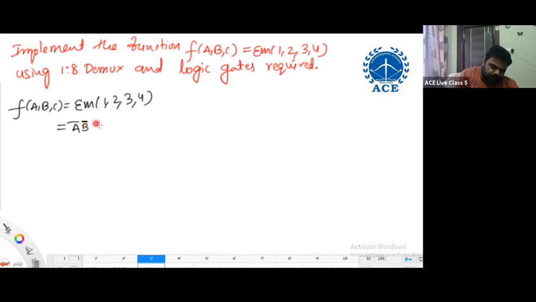A bar b bar c plus a bar b c bar plus a bar b c plus a b bar c bar. Any questions? I am writing the expression. 1 is minterm 0, 0, 1, a bar b bar c. 2 is minterm 0, 1, 0, a bar b c bar. 3 is minterm a bar b c because 0, 1, 1 is the minterm. 4, 1, 0, 0, a b bar c bar is the minterm. Is equal to what we can write? Just a minute.